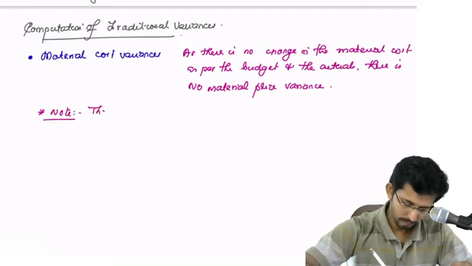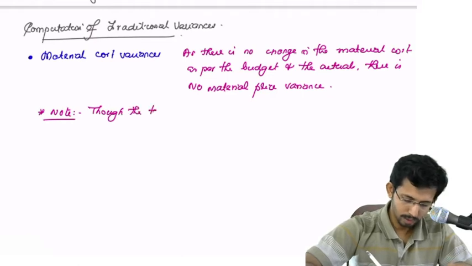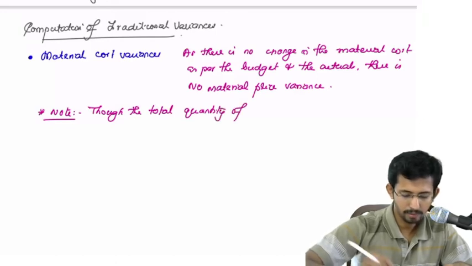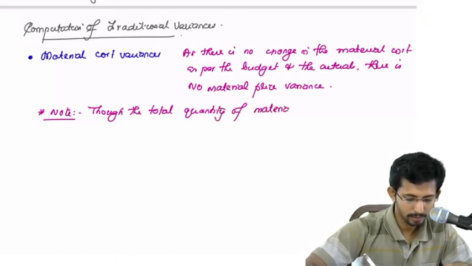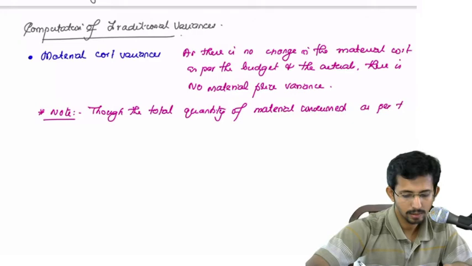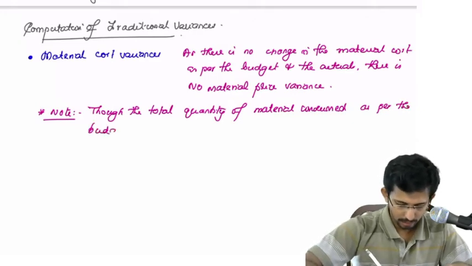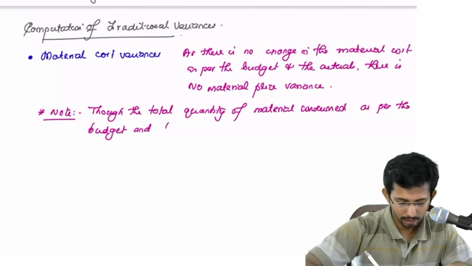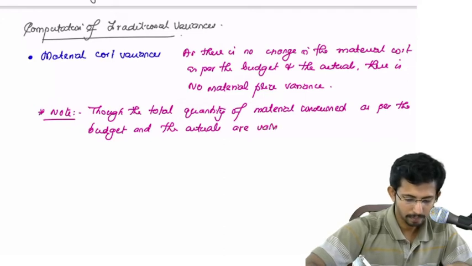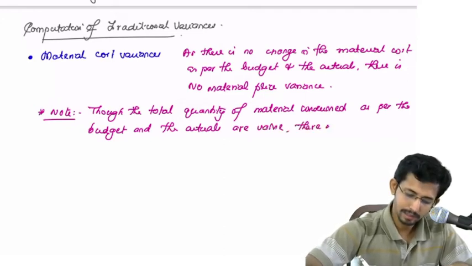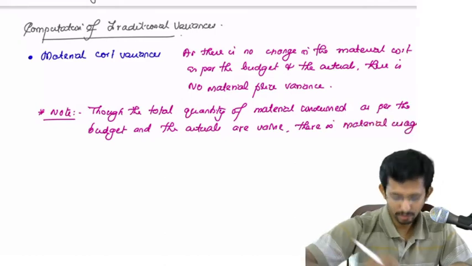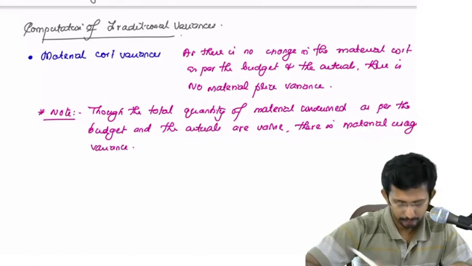Though the total quantity of material consumed as per the budget and the actuals are same, there is material usage variance. Okay, why?